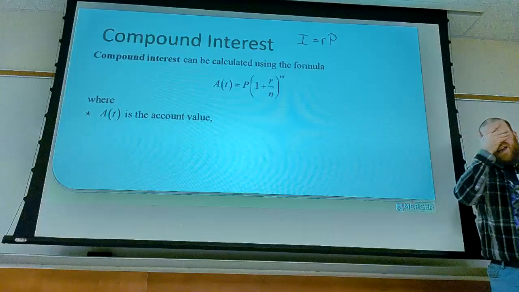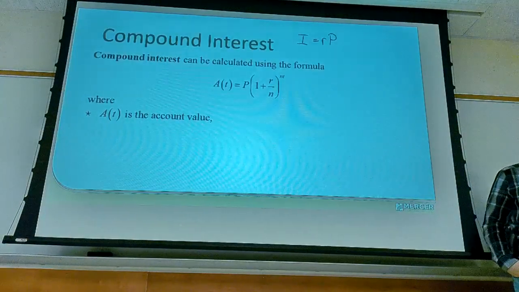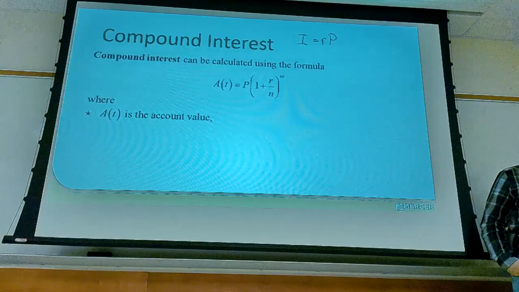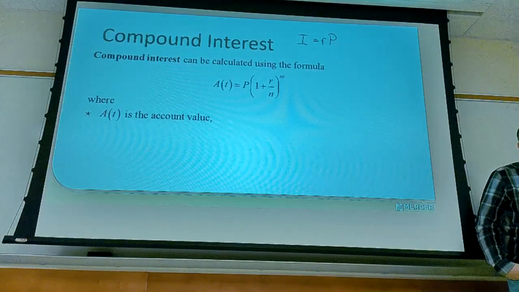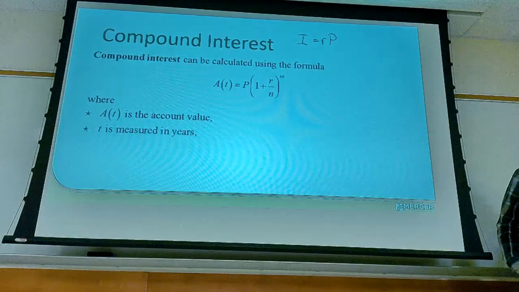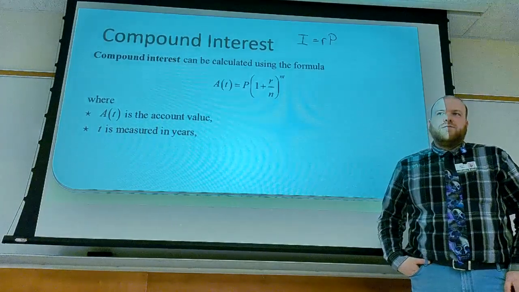A of t is the account value after t periods. Usually t is in years, so after t years.